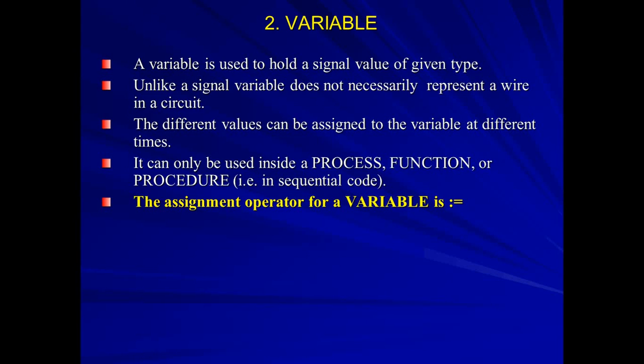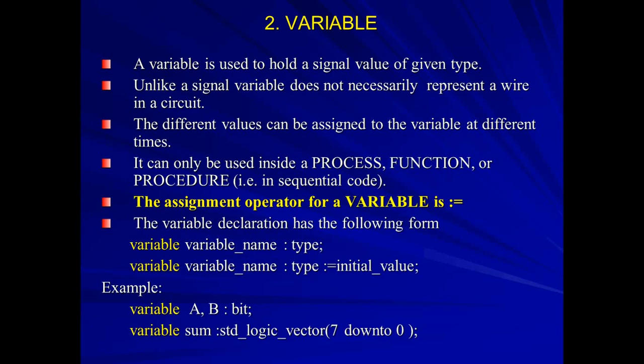Now how can we assign a value to the variable? The assignment operator for a variable is colon equal to. Now, how to declare variables? Variable, name of the variable, colon, type. Or if you have to initialize the value, then we can declare it in this way: variable underscore name, colon, type, colon equal to its initial value.